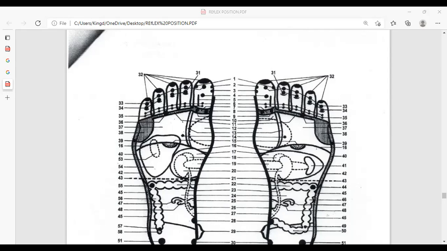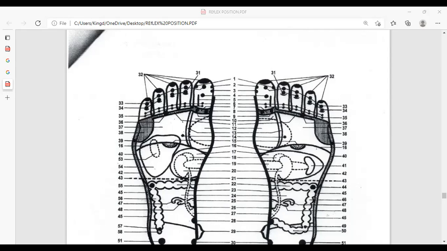Then you look at point number 2, which represents the nose reflex, and it's on the outer part of the big toe. That also gets a pressure with the big finger. Then you have the mouth, same procedure. You do a pressure point there, 1, 2, 3, as hard as you can along that line.